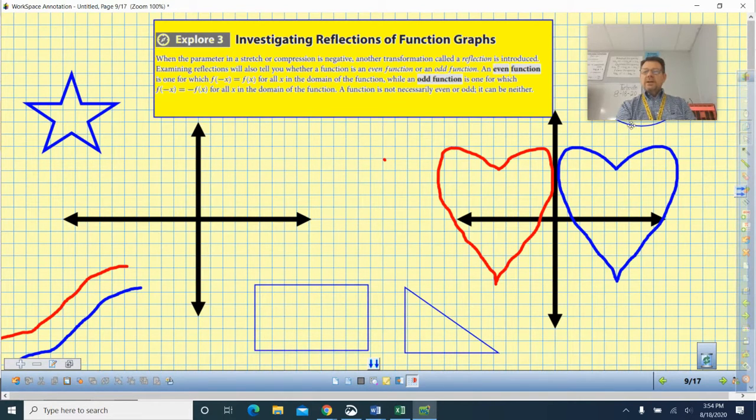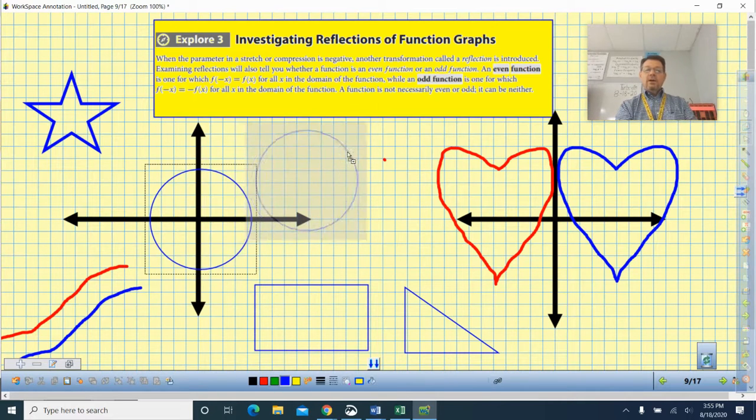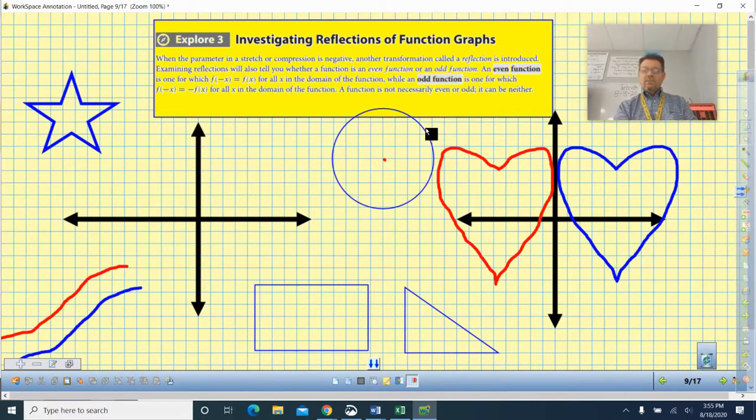So let's talk about this idea here. What about a circle? Let's put it over here, okay? So if I put a circle right there, could I flip it left and right? Sure. And as long as I keep the center on the y-axis, it'll be an even function. So circles, if you put them in the right place, can be an even function.